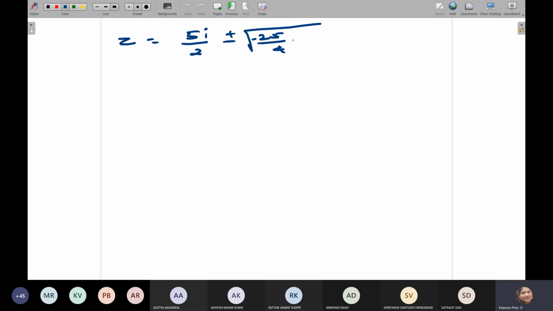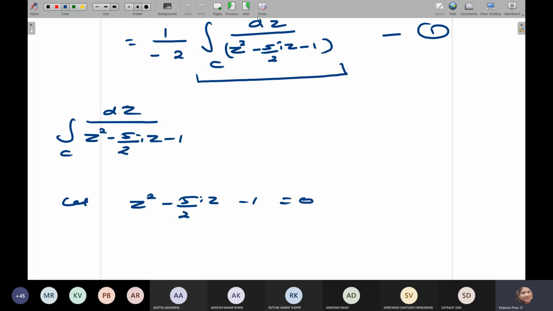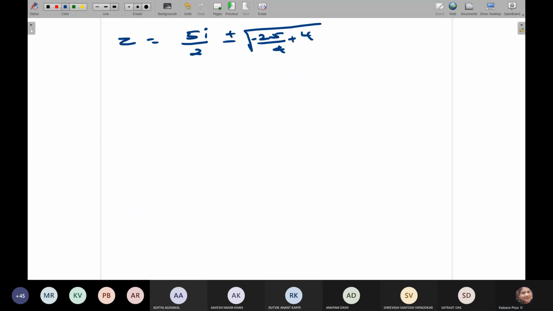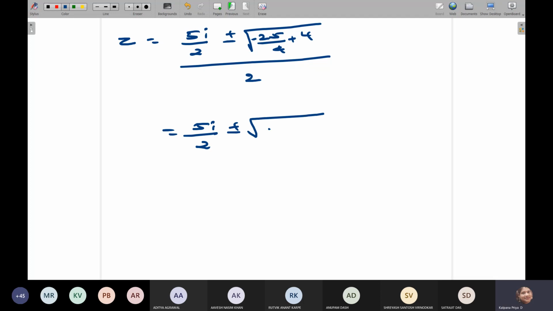So 25 by 4 minus 4ac, so plus 4, divided by 2. So 5 by 2i plus or minus root of minus 25 plus 16, which is minus 9 by 4, divided by 2.